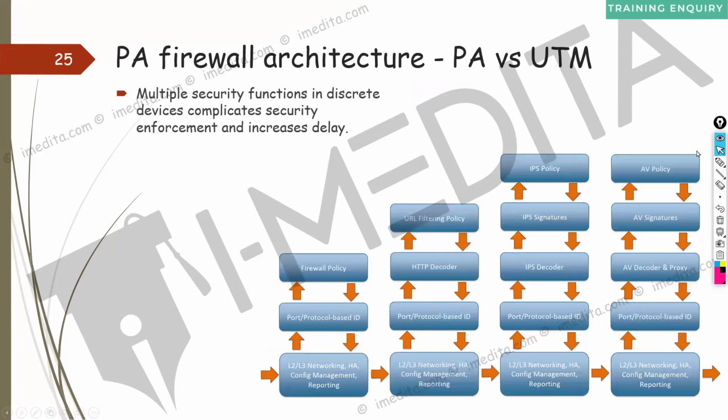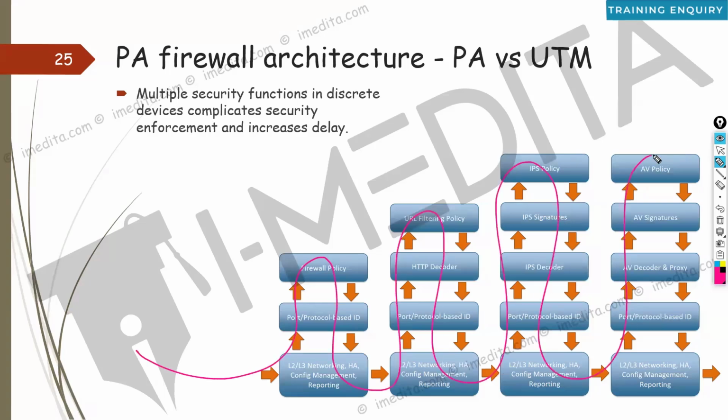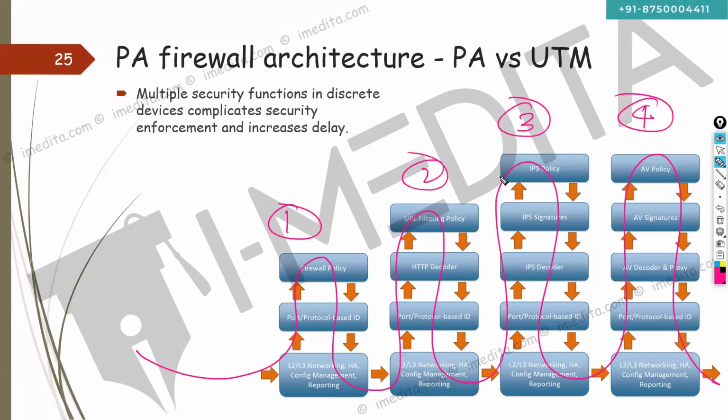But when we talk about UTM, here you can see the packet enters, the firewall checks the firewall policy, then URL filtering, then IPS policy, then antivirus policy. Now how many times is it processed? Four times according to Palo Alto. So this multiple processing will definitely increase the delay. That's why UTM is slow as compared to Palo Alto.